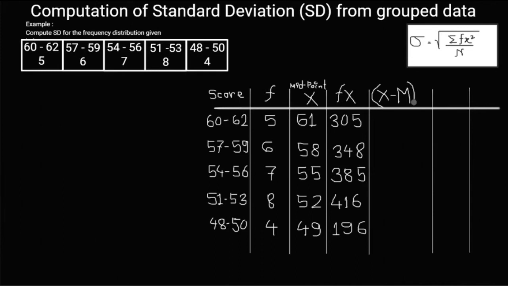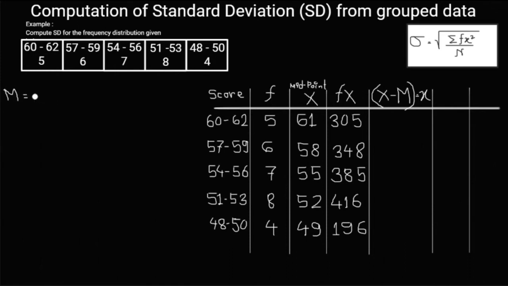Now the next thing we need to do is calculate the deviation. We showed in our previous video how we can find the deviation. So we know that in order to find the deviation, we need the scores and the mean of those scores. Okay, then let's calculate the mean.